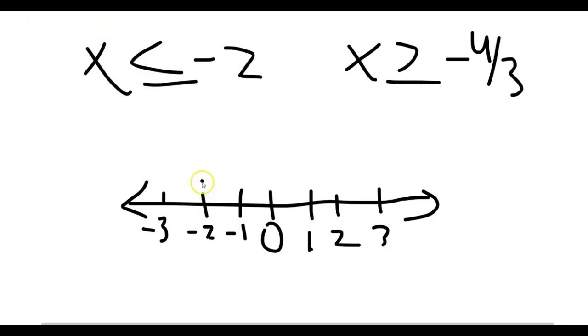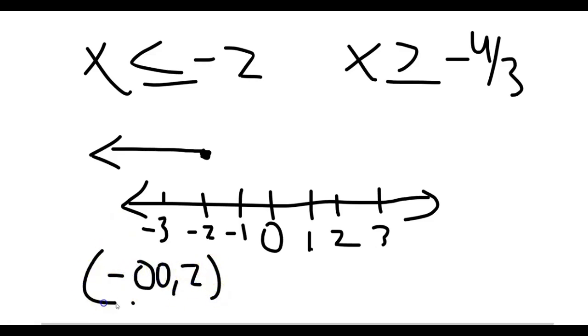So -2, we'll have our dot here, is greater than or equal to x. So our line would go to here. And our interval form for that would be -infinity to -2.